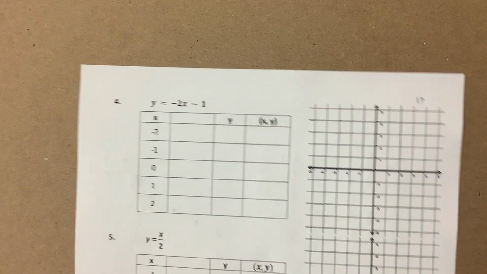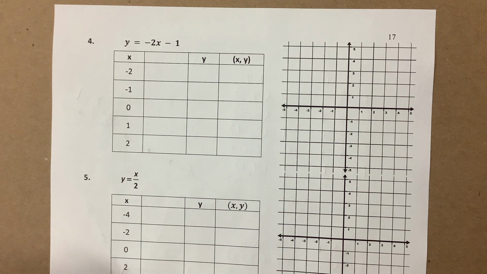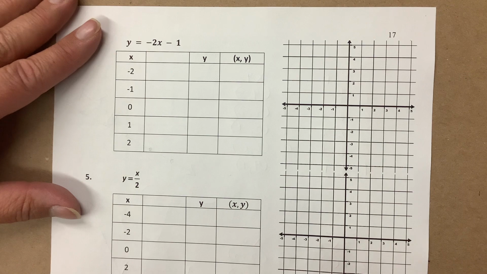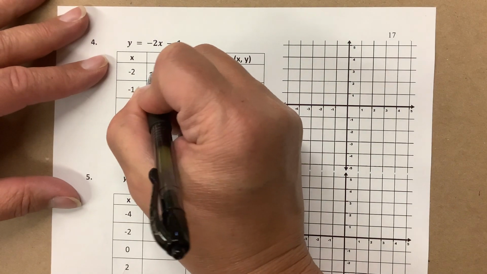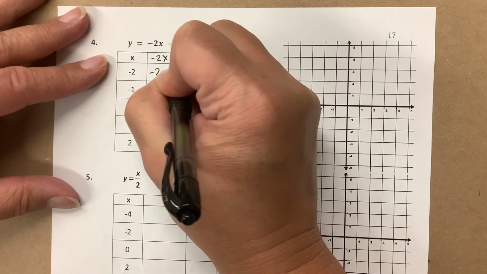All right, 3 more problems. We've got this. I know we've got this. All right, so they gave me the domain. They gave me the x values. So I just have to finish it. This is going to be -2x minus 1.